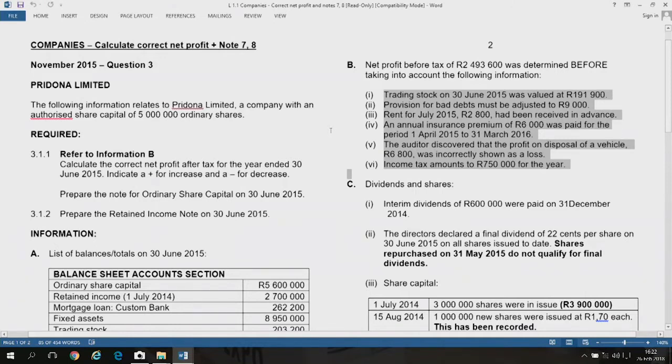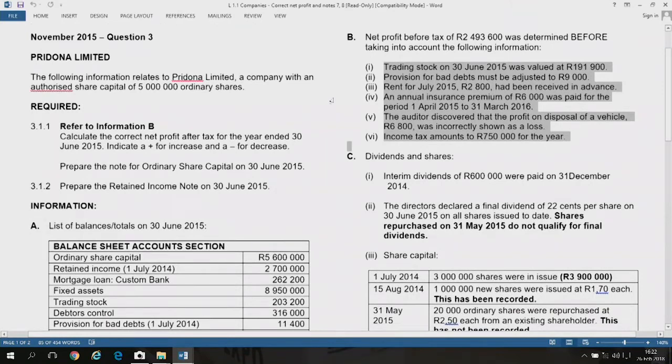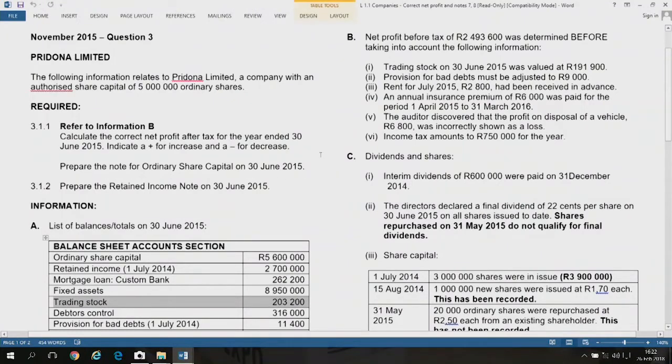I'm going to start with the first one. Trading stock on the 30th of June was valued at 191,900. If you go to your trading stock in your information, you will see that your trading stock was a little bit more than that. That tells me that there's a trading stock deficit.